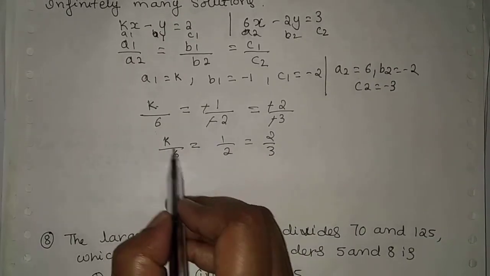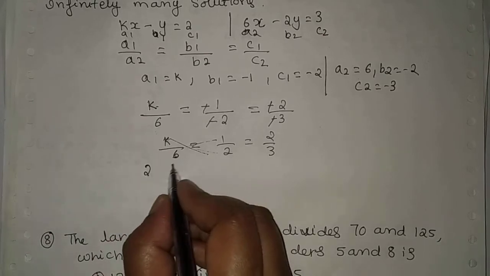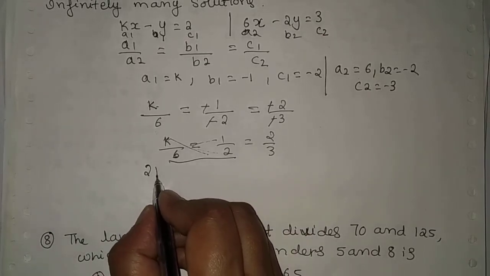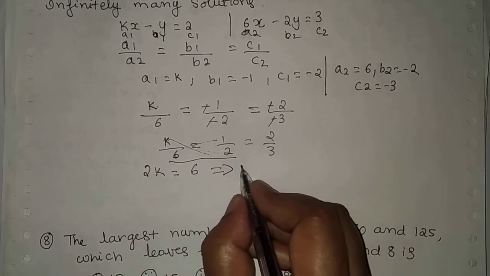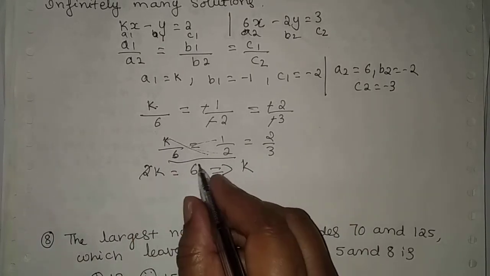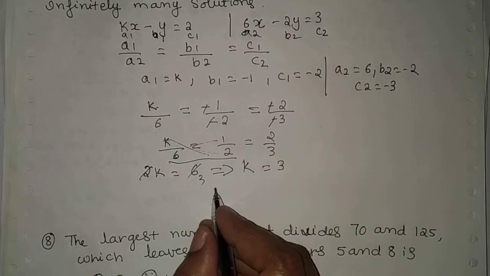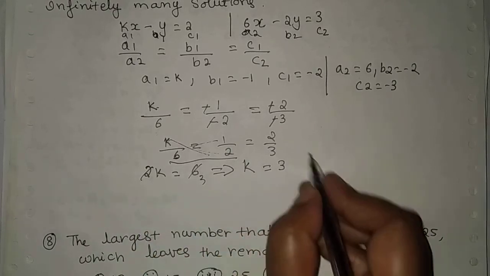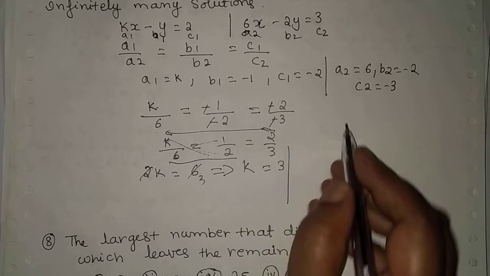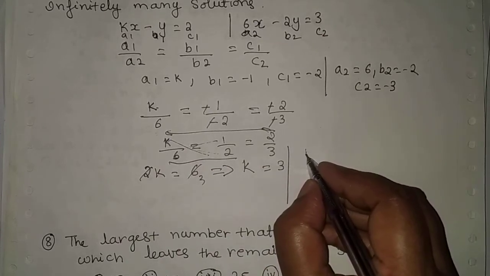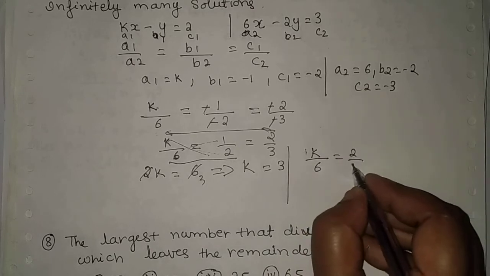So now we have these two, consider k by 6 is equal to 1 by 2, so 2k is equal to 6, then k is equal to 3. Next we'll take these two, that is k by 6 is equal to 2 by 3.